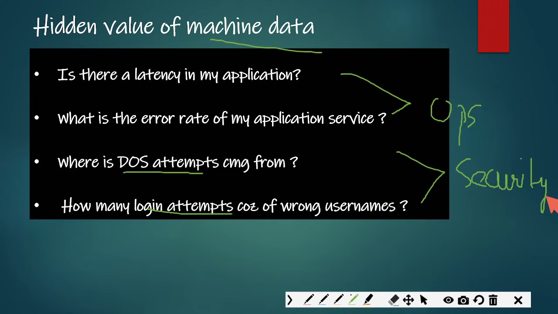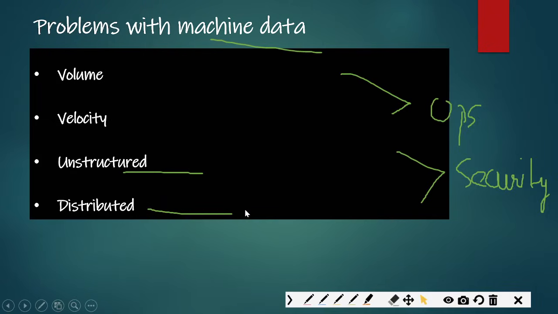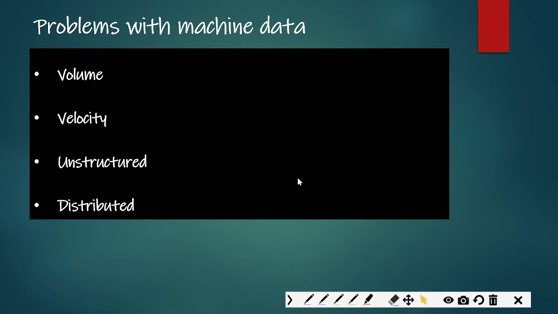Let me move on to the next slide. There might be certain problems with respect to machine data. For example, the volume of the machine data might be very, very huge, and the speed at which this data is generated might also be very, very fast. We are referring to unstructured data, and for that we have a lot of Splunk add-ons to parse the data into meaningful formats.